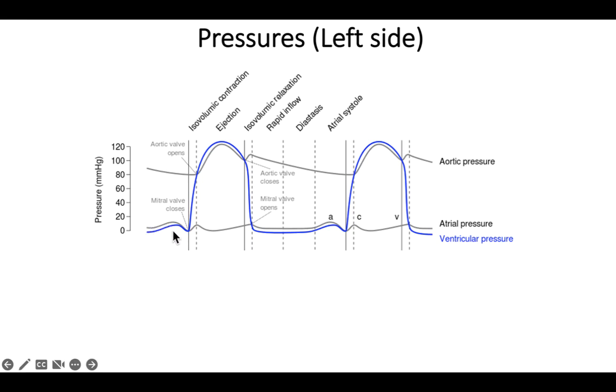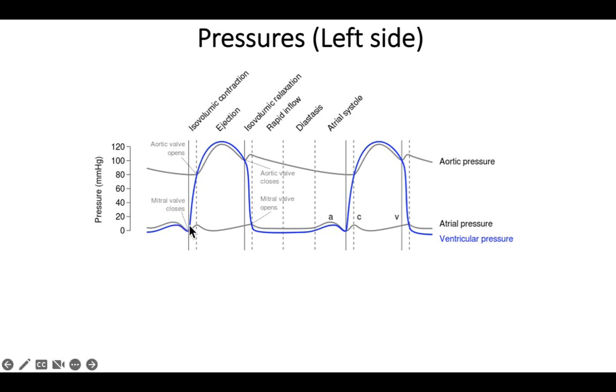All right, so remember what atrial systole means. The atria are contracting, so they're going to have a relatively high pressure. Notice that this gray line is atrial pressure. The blue line is ventricular pressure. So if the pressure in the atria is greater than the pressure in the ventricle, you could fill that ventricle. So that's when we're doing that additional 20%.